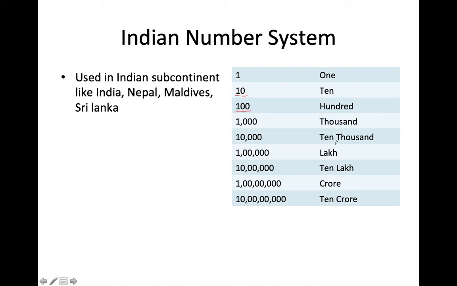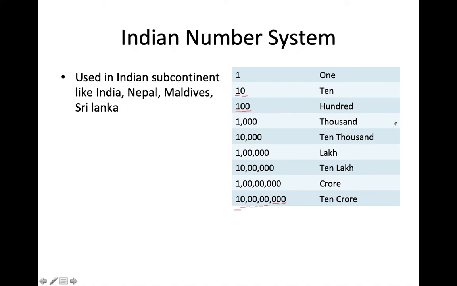After 10,000 in the Indian system there is a lakh. After lakh there is 10 lakh, after 10 lakh there is crore, and after crore there is 10 crore. So if we want a number in 10 crores, the first digit is our ones place, then tens, then 100, 1000, 10,000, then the next digit is lakh, then 10 lakh, then crore, and 10 crore.